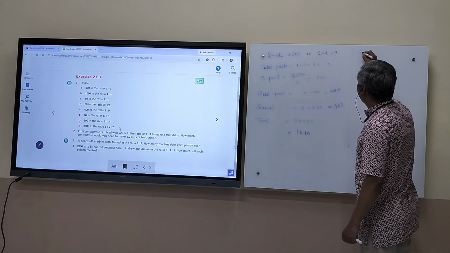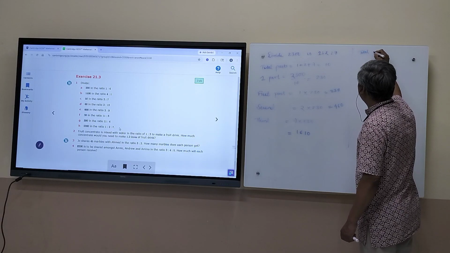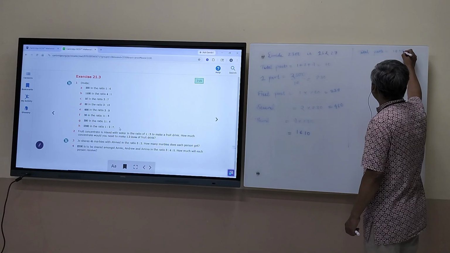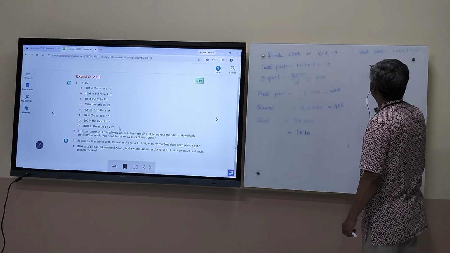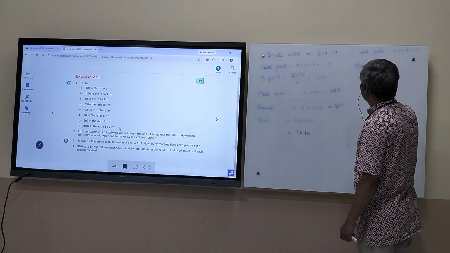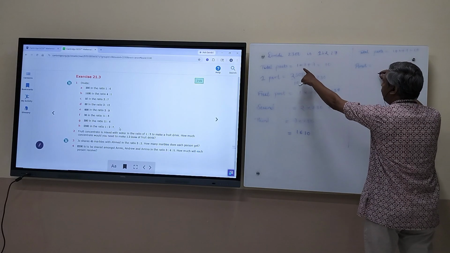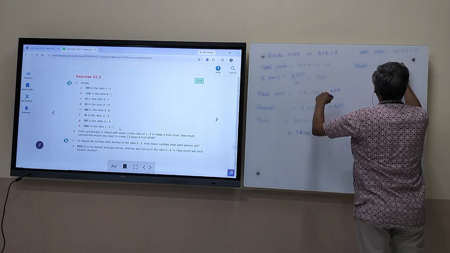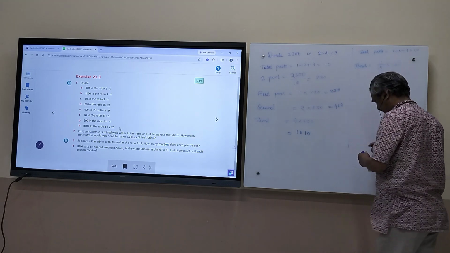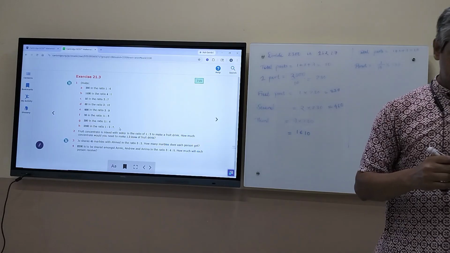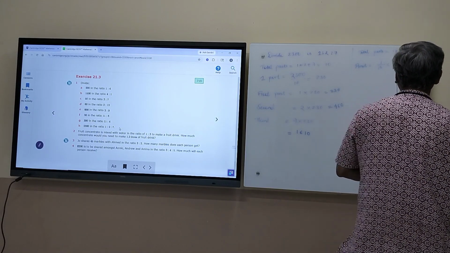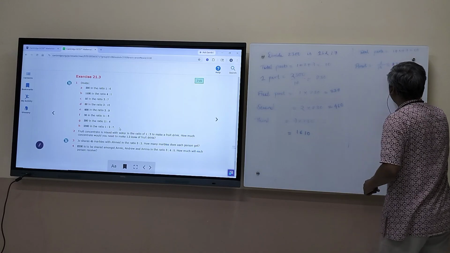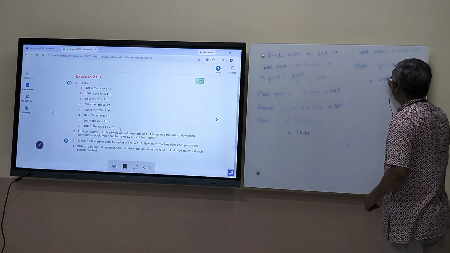Here the total number of parts will be equal to 1 plus 2 plus 7, that is equal to 10. So the first one is equal to 1 part out of 10 parts in total of 2300, which is equal to 230.